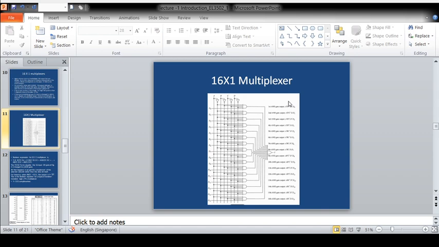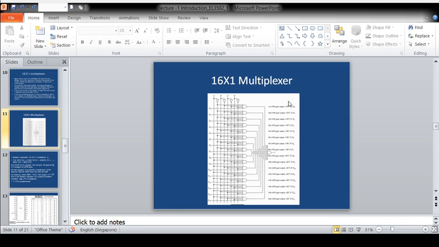Each AND gate will have 5 inputs: 4 inputs from the control signals and 1 input from the data signals. And there is one OR gate required, which is supposed to have 16 inputs. This way, we can prepare a 16 to 1 multiplexer.